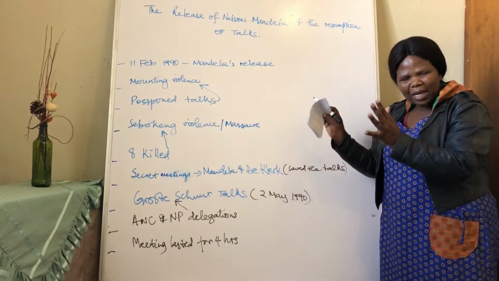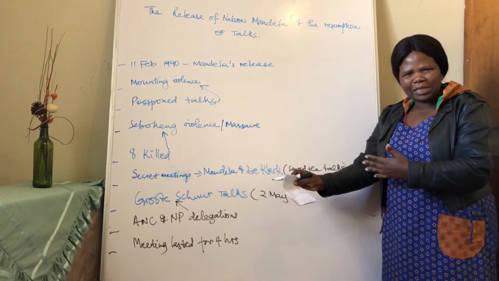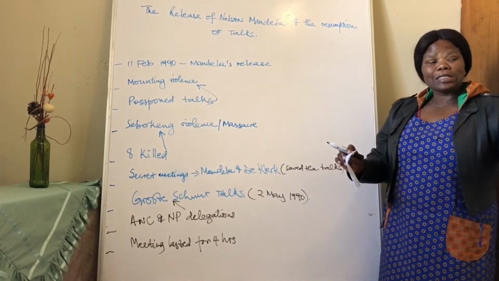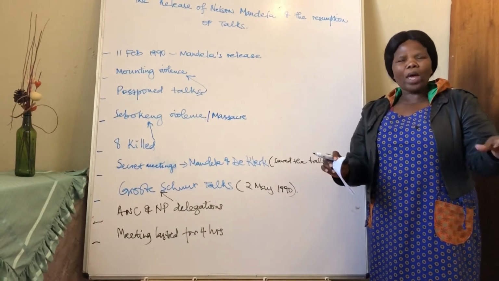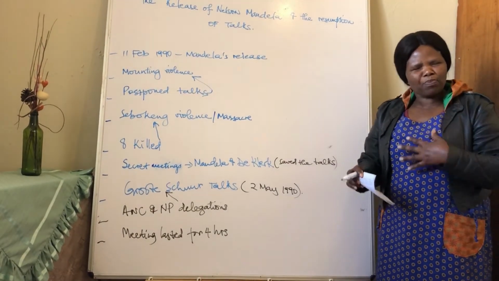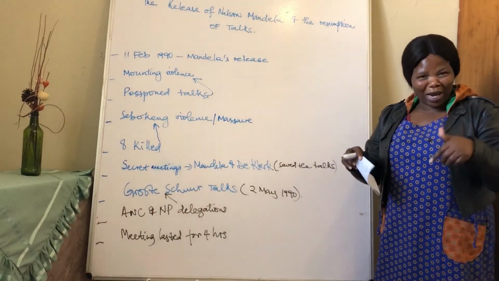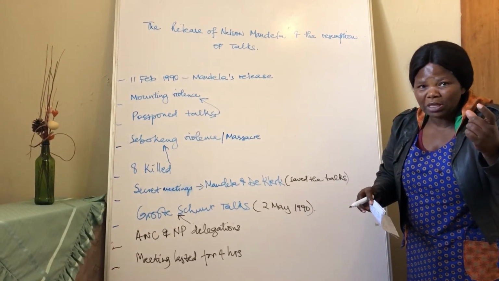There were formal meetings which were always getting disturbed by violence, and they had their own secret meetings separately, alone, Mandela and de Klerk only, where they were negotiating: I know that my people are not right and your people are not right, but the two of us, let us agree to move on.